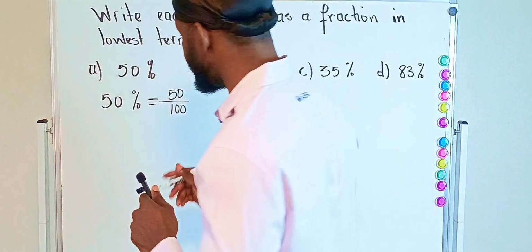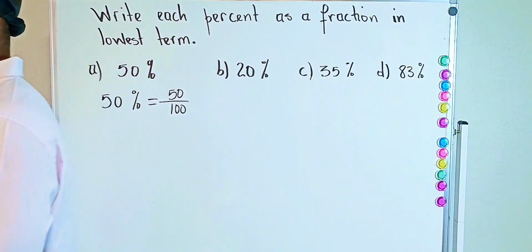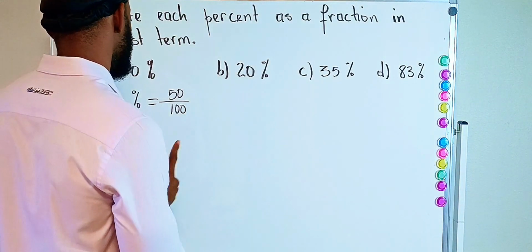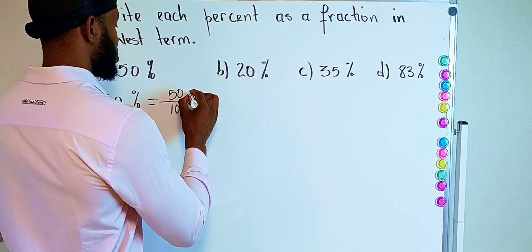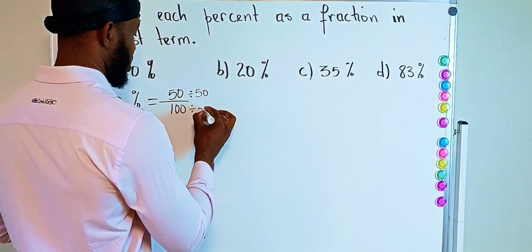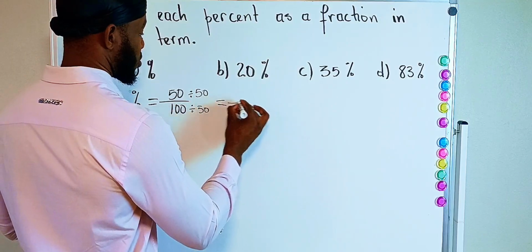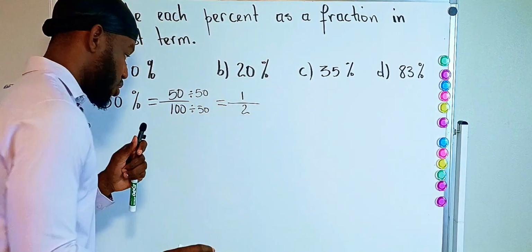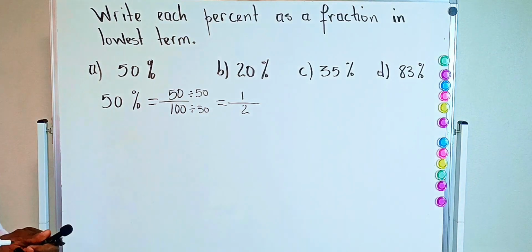But since 50 is a factor of 100 too, we can just use it as the greatest common factor and divide by 50 in order to have the lowest term of the fraction.